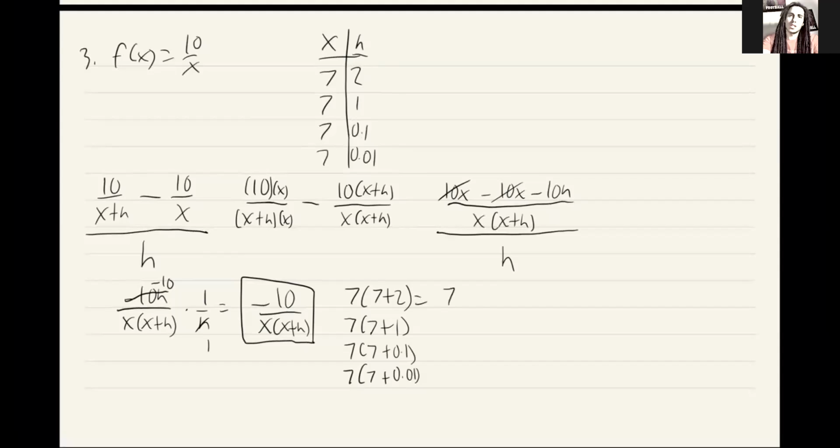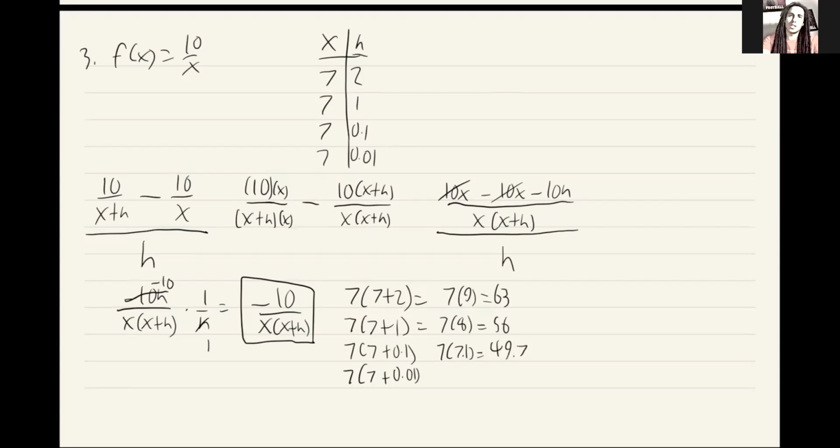Alright, so 7 plus 2 equals 9. 7 times 9 equals 63. 7 plus 1 equals 8. 7 times 8 is 56. Then we have 7 plus 0.1, that equals 7.1. So if we take 7.1 times 7, that equals 49.7.